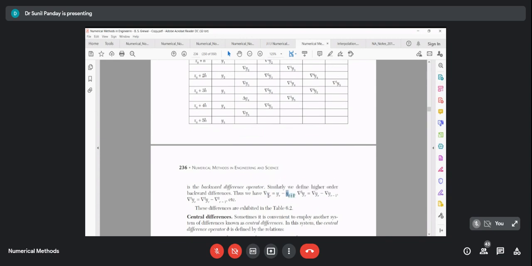So if here, instead of r, I write 5, what is nabla of y5? Nabla of y5 is y5 minus y4.